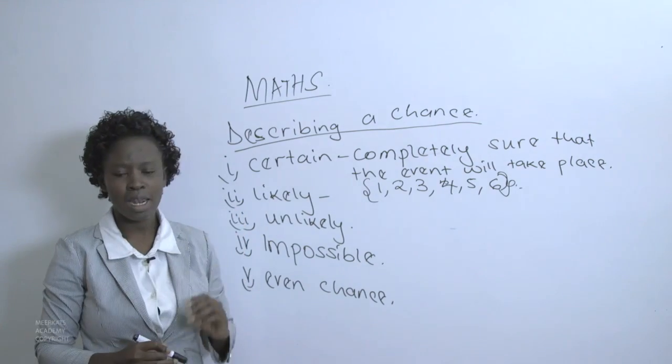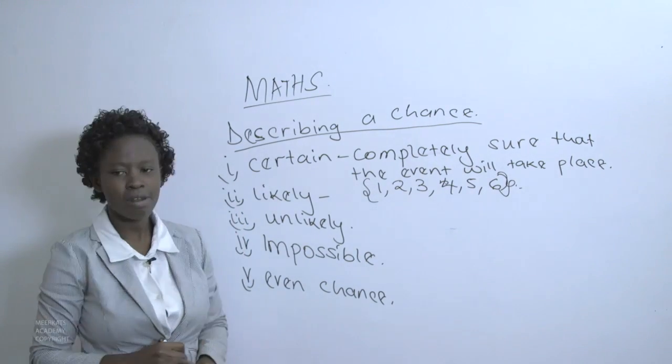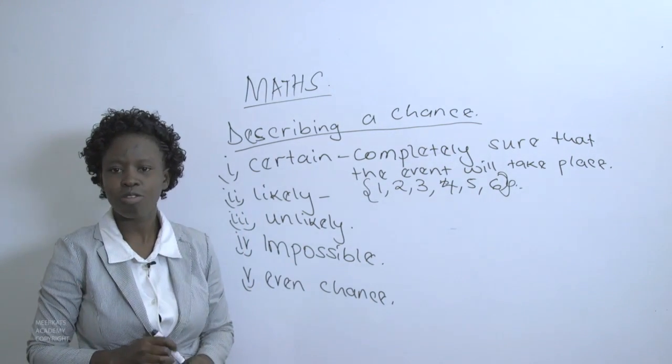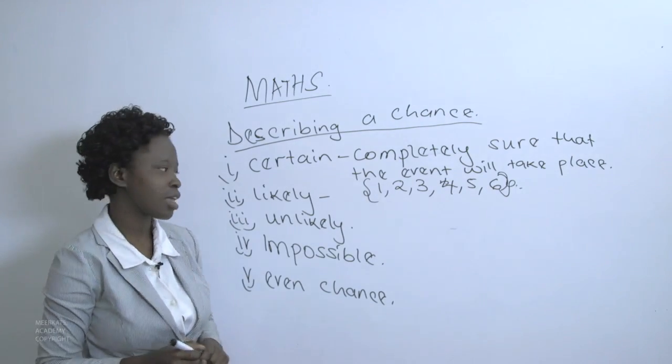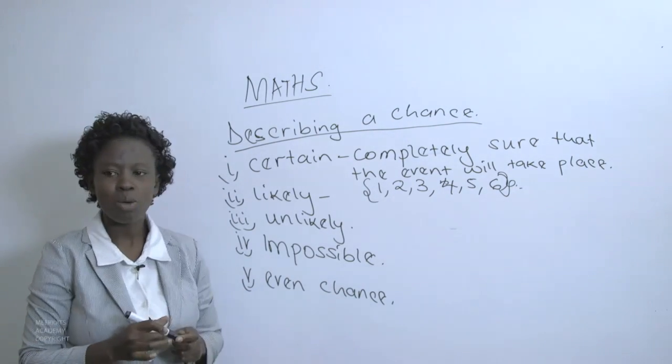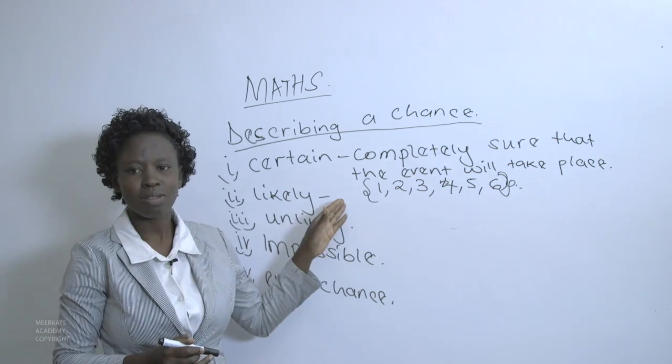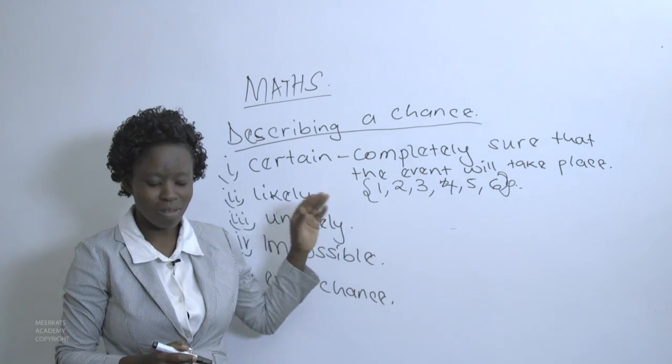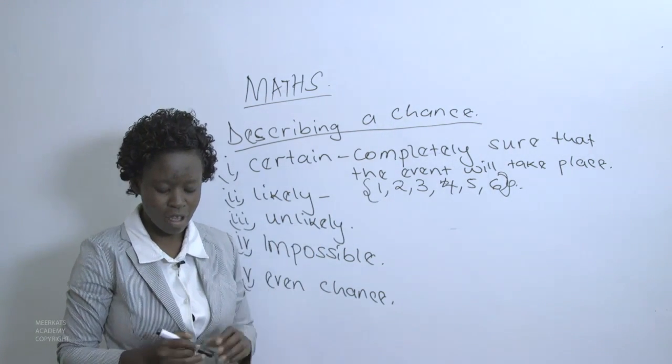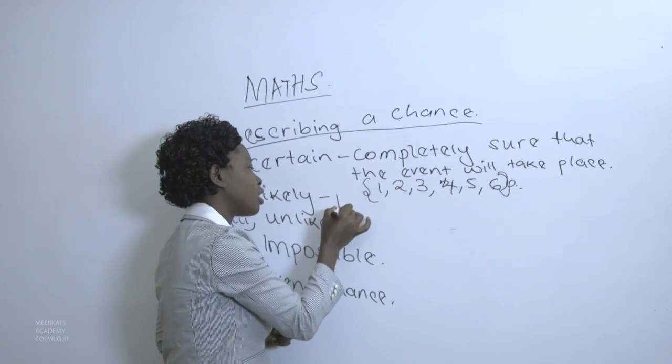Then we use likely when there are higher chances of that event taking place. In this case, we are not very much sure that the event will take place, but there are higher chances of it taking place.